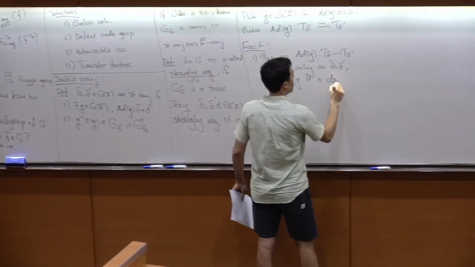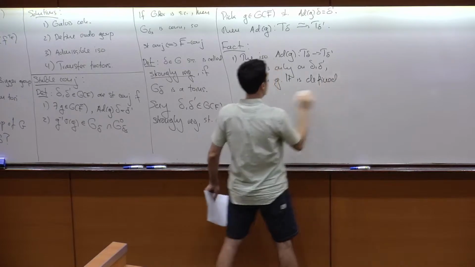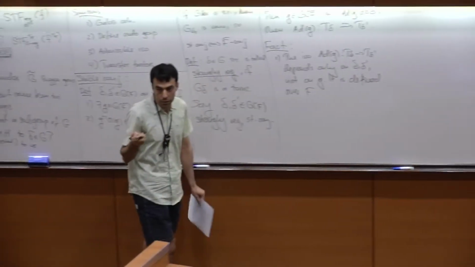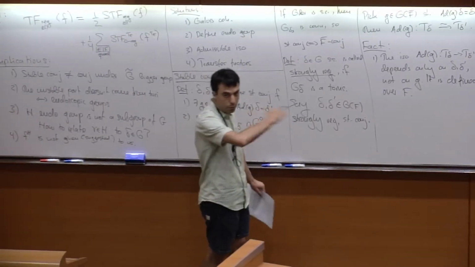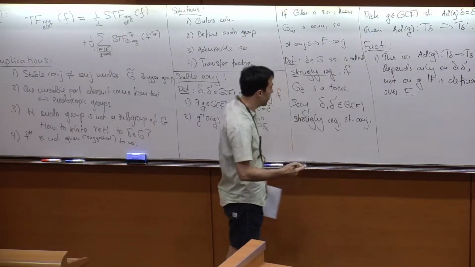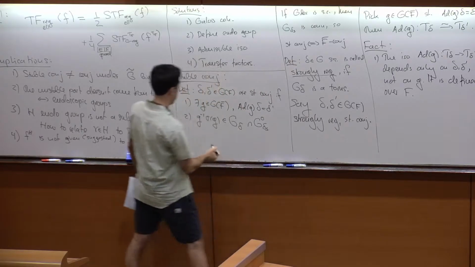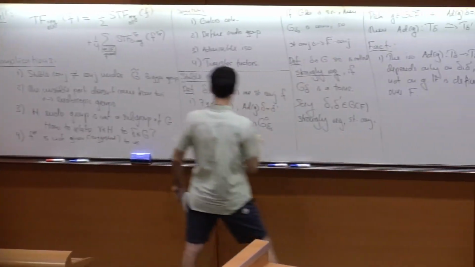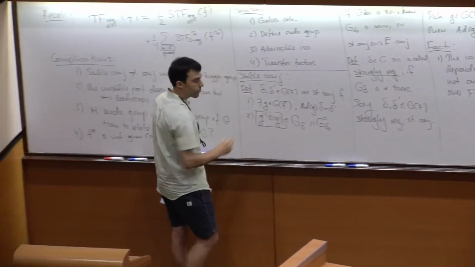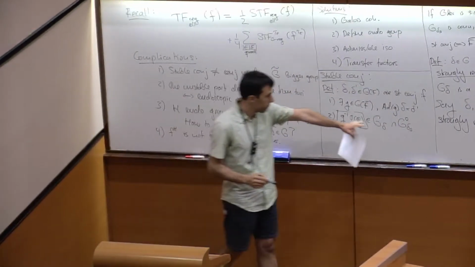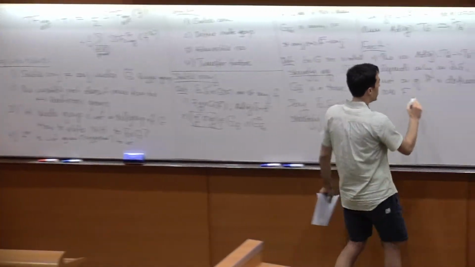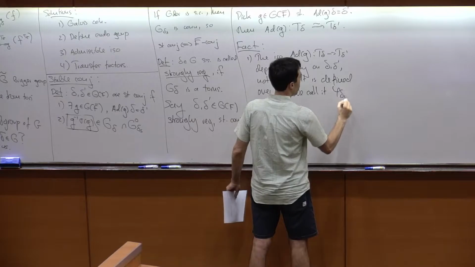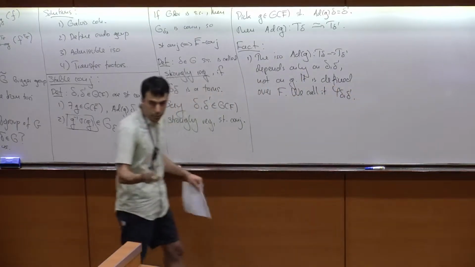And it is defined over F. Even though the element G is not an F point, the isomorphism between the two tori it induces is defined over F, because of this equation, if you like. Okay, so let's give it a name. We call it phi delta delta prime. It's determined only by delta and delta prime.